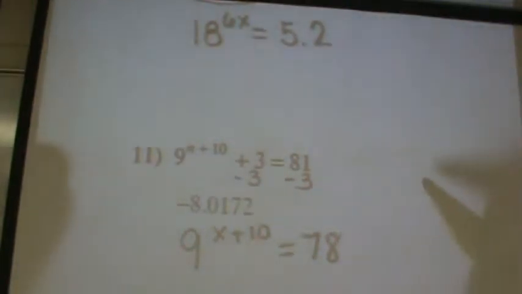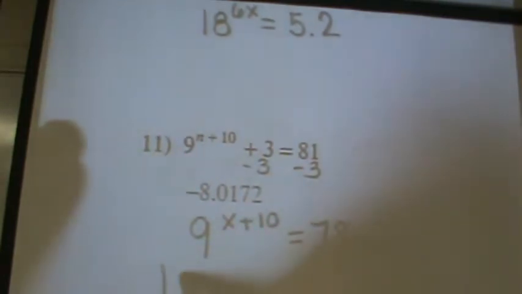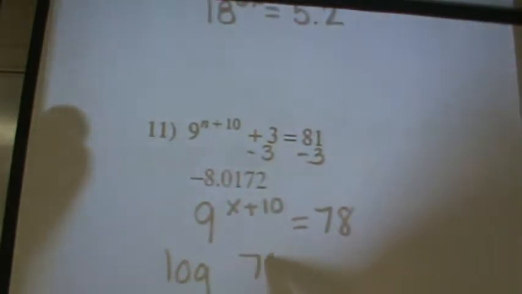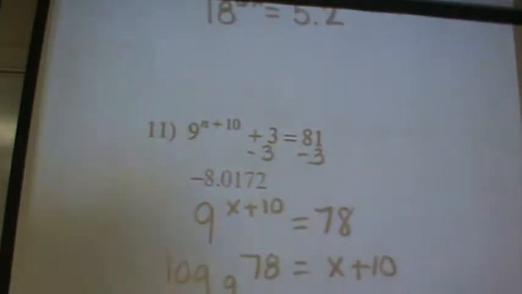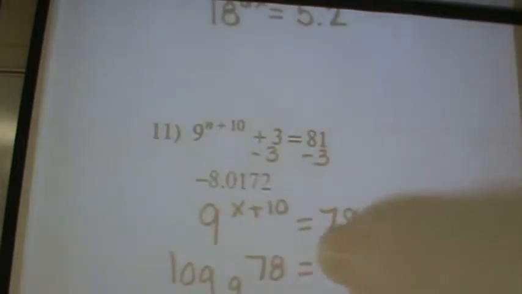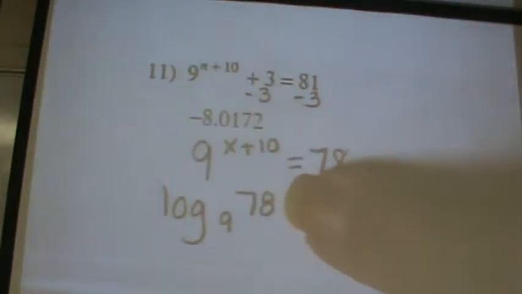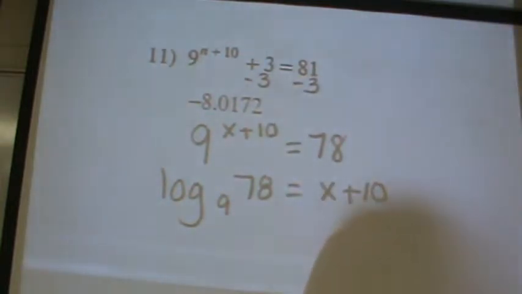Can you read it to me? What would it say in log form? Log of 78 base 9 equals x plus 10. Yep, and then what would you do? Solve. How? No, no, minus 10. In the calculator, and then distribute. Yep, thank you, Alex. Type that in your calculator, and then do what? Subtract 10.